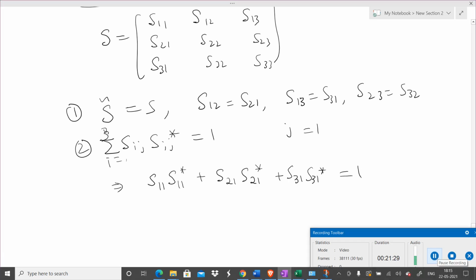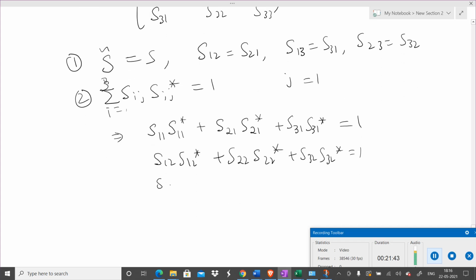Similarly, we get S12 conjugate plus S22 conjugate plus S32 conjugate equals 1. For the third equation you get S13 conjugate plus S23 conjugate plus S33 conjugate equal to 1.